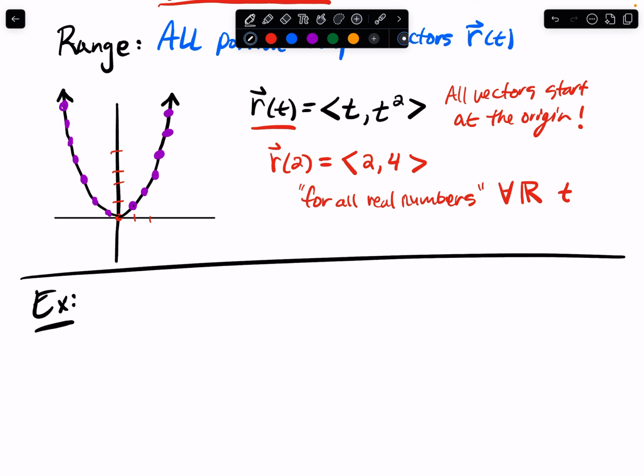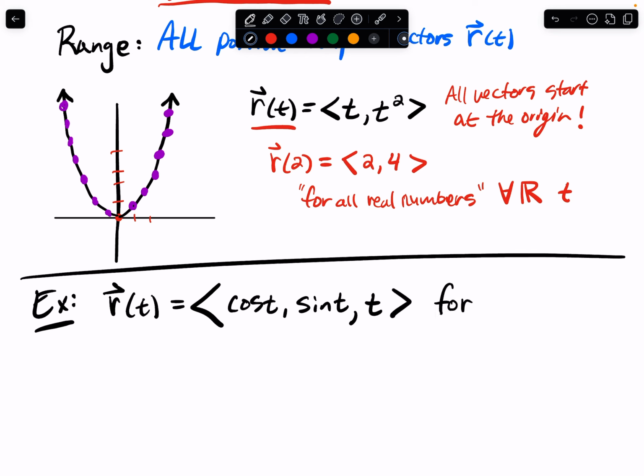Example, r of t equals the vector cosine of t, sine of t, and let's put one more dimension on this, t. And let's plot it for 0 to 2 pi inclusive here, okay?